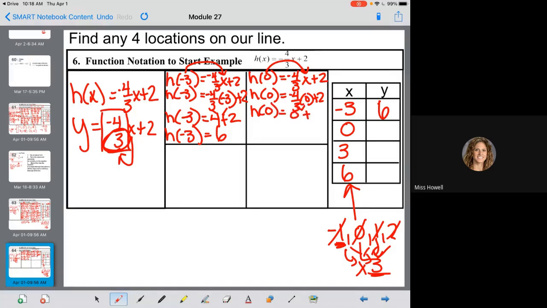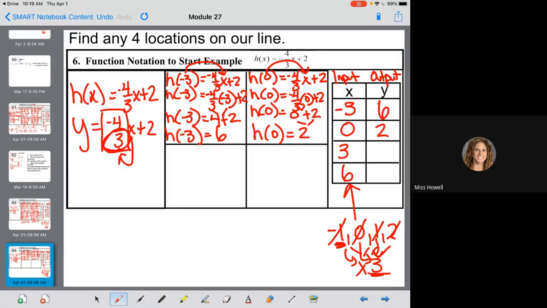We'll get a 0 plus 2. So h of 0, or our function for the value of x, would have an output or y value of 2. Remember, this is input. This is output. We usually use those words with function notation, but it's still our x's and y's. So 0, 2 is the location on our line. Or in this case, our y-intercept, right, of our line would be up 2.